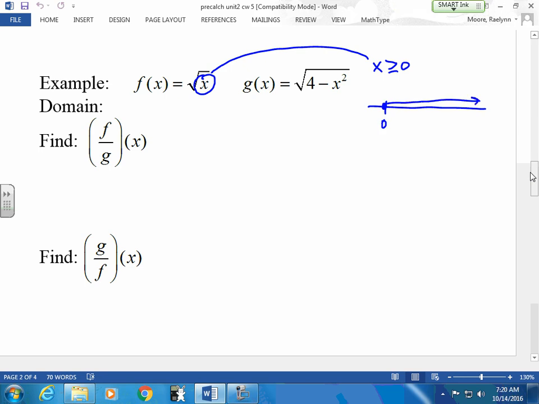This gives me a quadratic inequality. So a quadratic inequality, we find the roots for. So if we set this equal to 0 and find your roots, x squared equals 4, so x is equal to plus or minus 2, and we test.